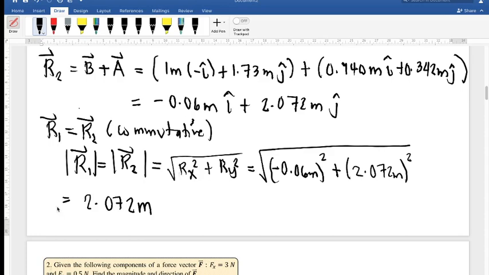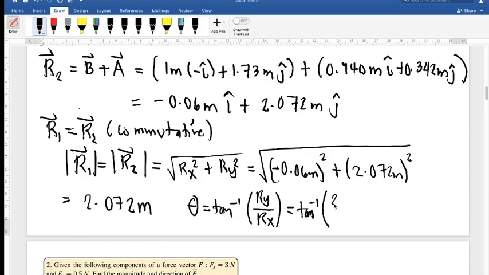How about yung orientation? So let's check the orientation. So theta is the inverse tangent of Ry over Rx. So yung Ry nyo is 2.072, tapos yung Rx nyo is negative 0.06. Okay, so we have 2.072 meters, then negative 0.06 meters, so we can cancel them out.